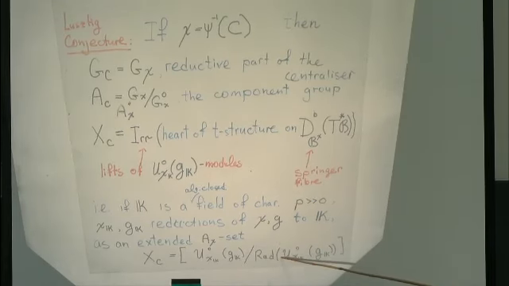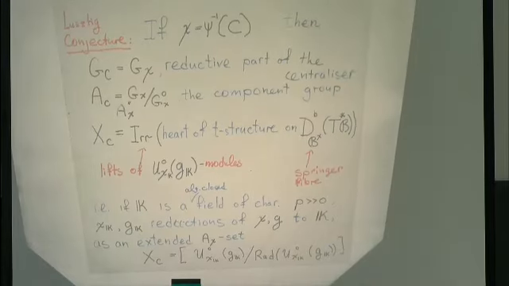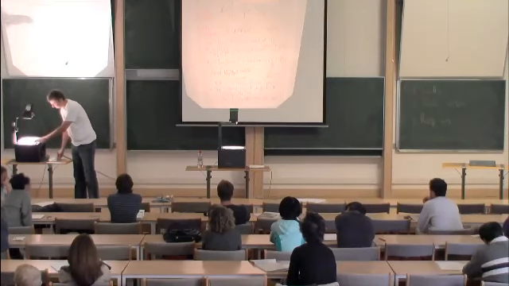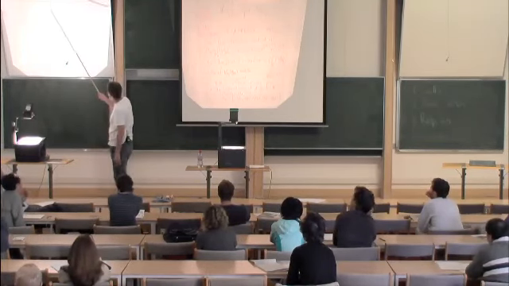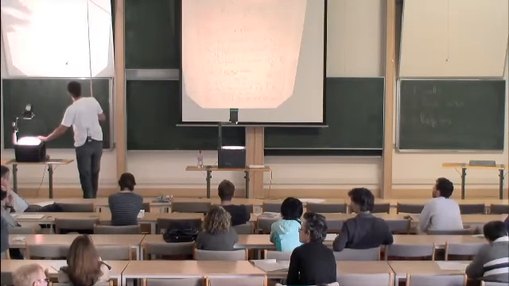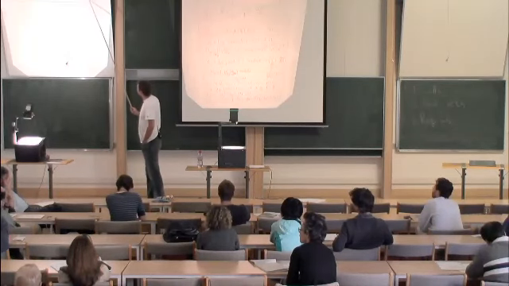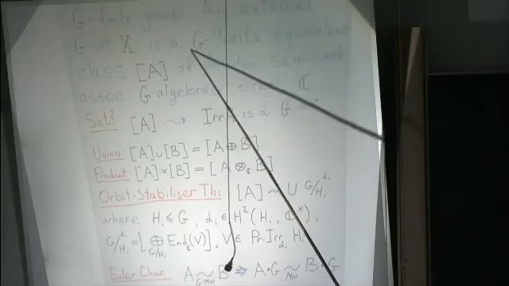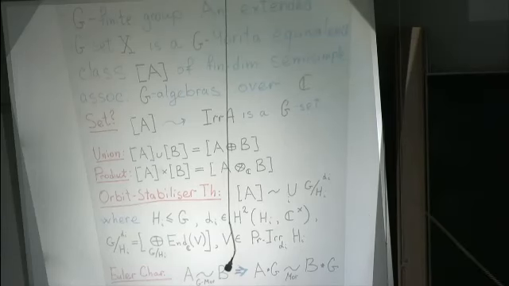Let me find my slide with the definition of a set. A set was just a G-Morita equivalence class of a finite dimensional semisimple algebra. So I don't have to use C here. I can use any algebraically closed field K of characteristic coprime to the size of G.